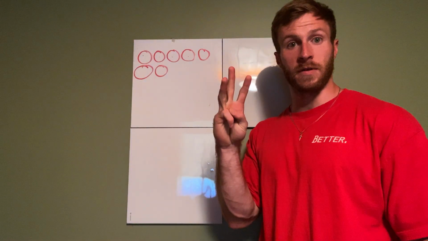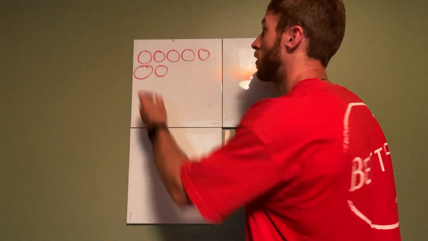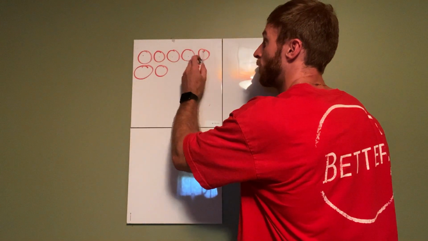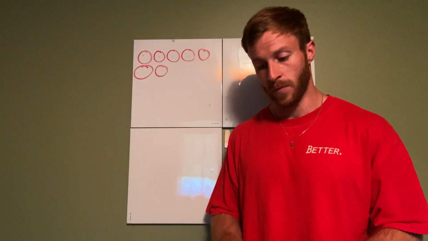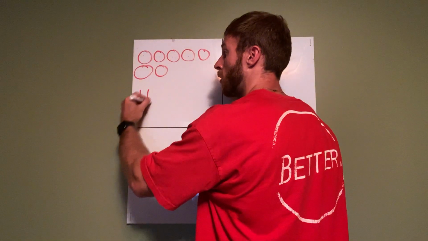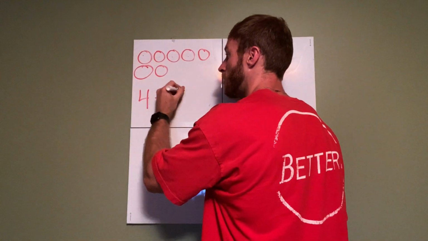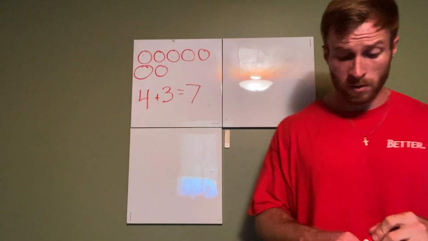I added my 3 circles. I counted on when I was drawing them, and I got to 7. 1, 2, 3, 4, 5, 6, 7. So I have a total of 7 circles there. So 4 plus 3 equals 7. All right.